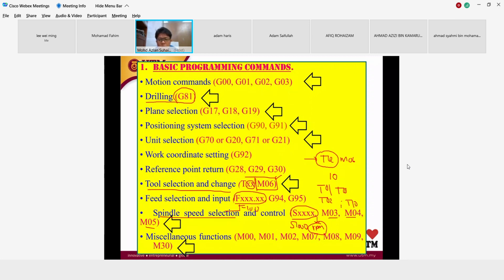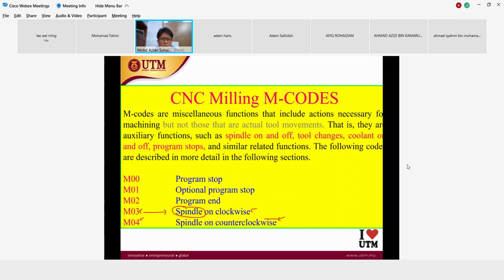Don't write all of them, otherwise your machine will get confused. So write, for example, M03 S1000, and the machine will rotate at 1000 RPM in a clockwise motion. If you want counterclockwise motion, change to M04 S1000.